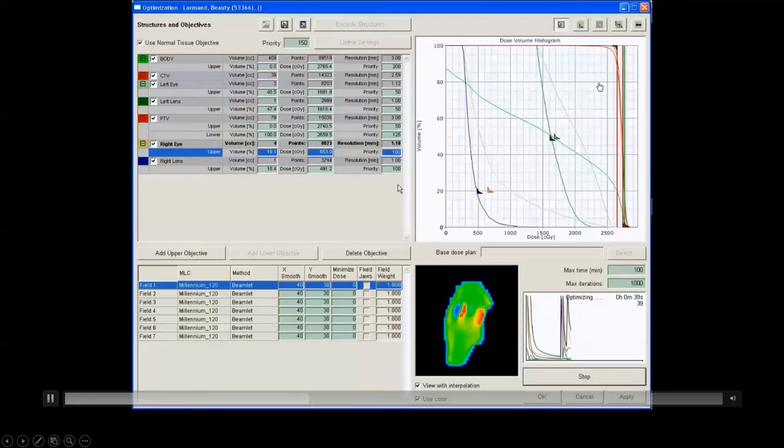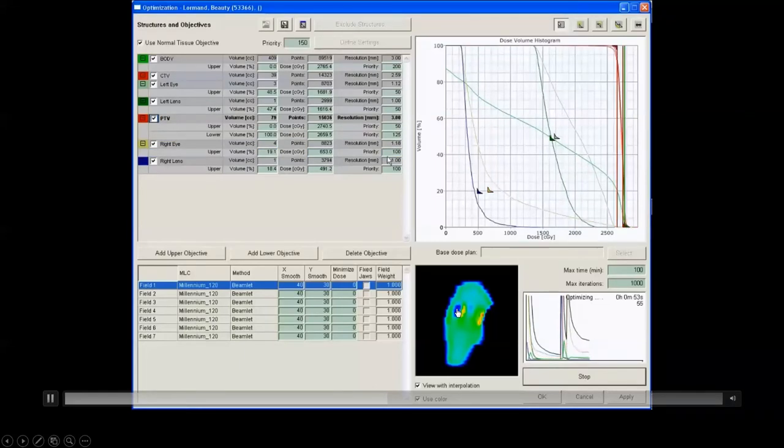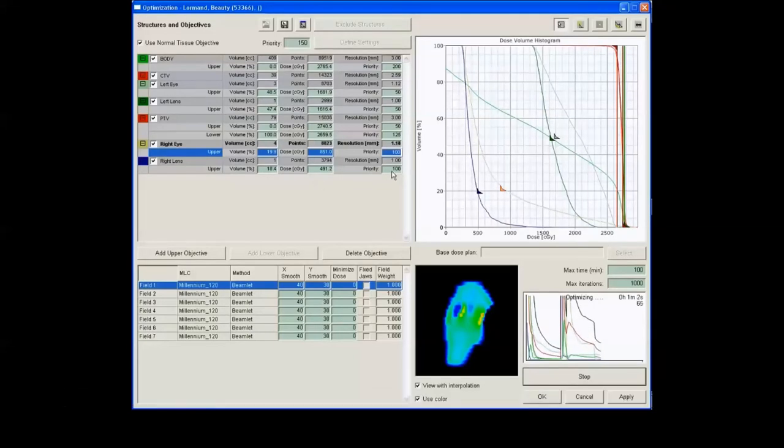So you can see as it's working again, sort of a real-time dose volume histogram. I moved these down. I wanted it to try to save my right eye a little bit better than what it was doing before. But you can see we've got this sort of bluish area here. And what that is, that's the left eye. That's the computer doing its best to save the left eye to the degree that I asked it to.